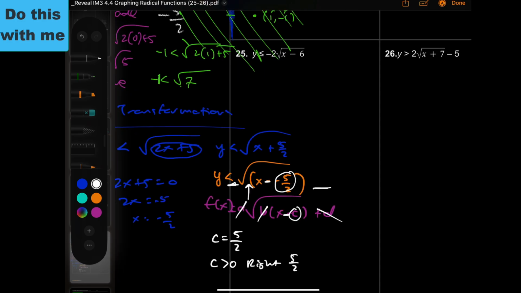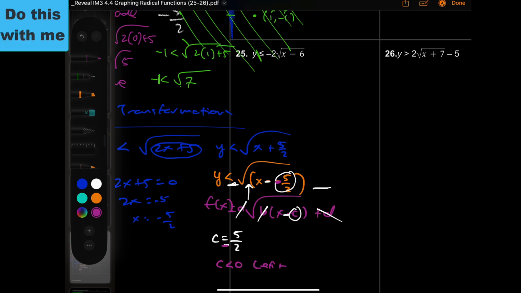Oops, okay, my c value is negative 5/2. So if c is less than 0, then we go to the left. Add to x, go west, left.